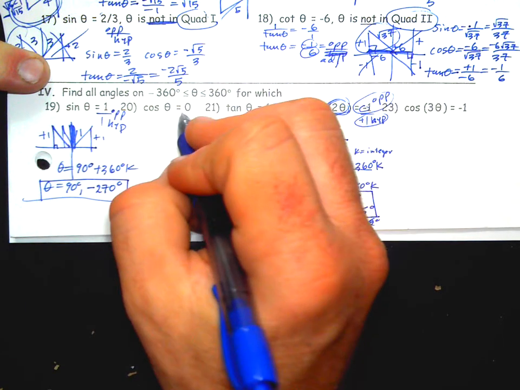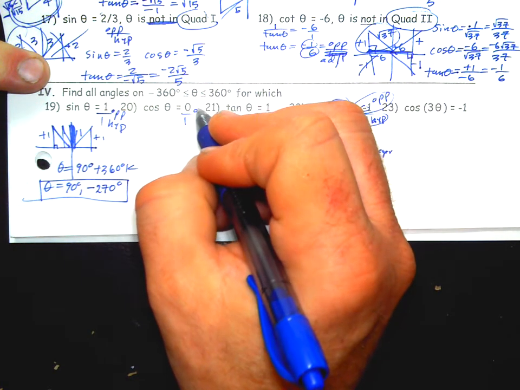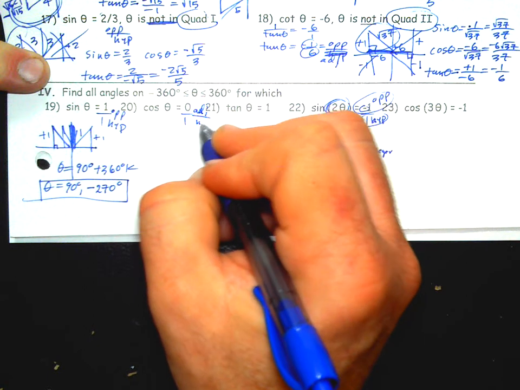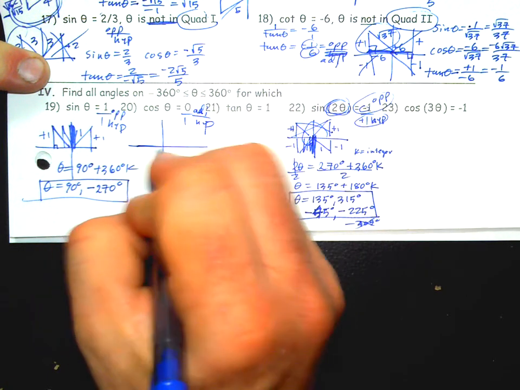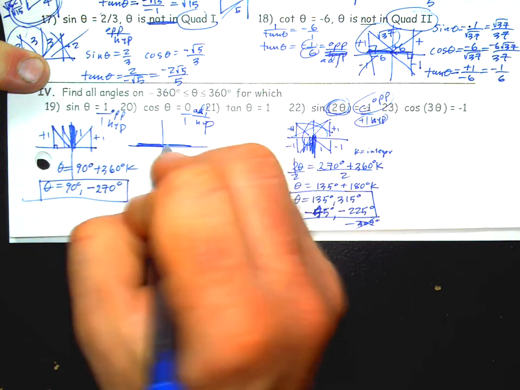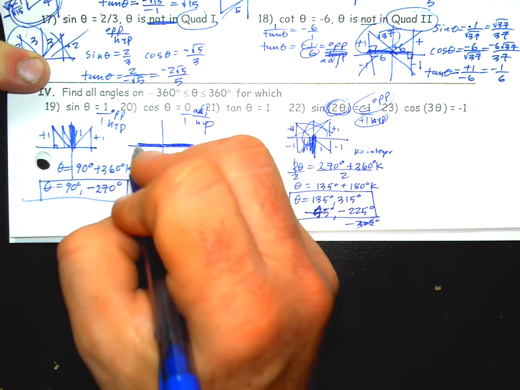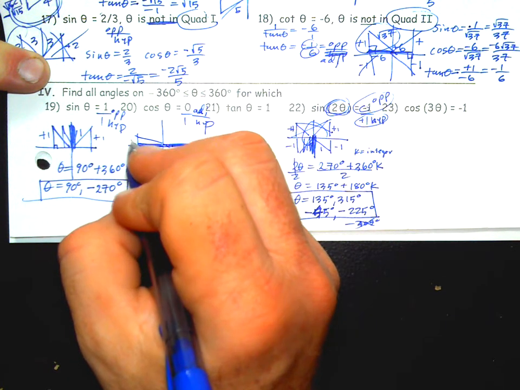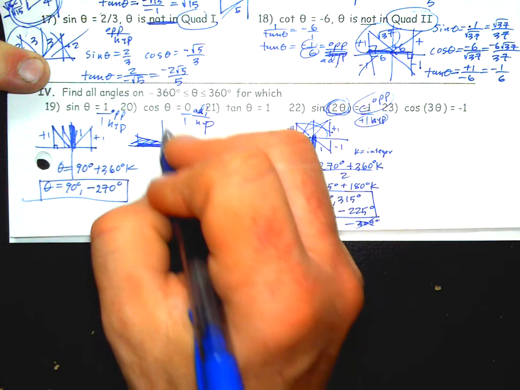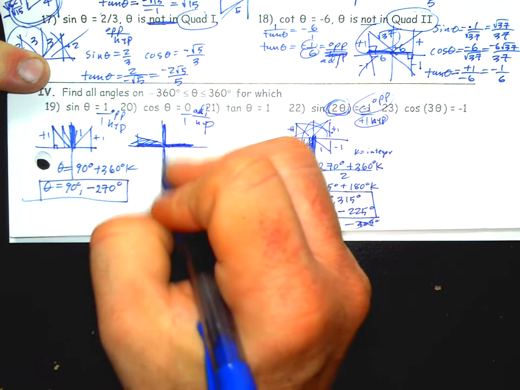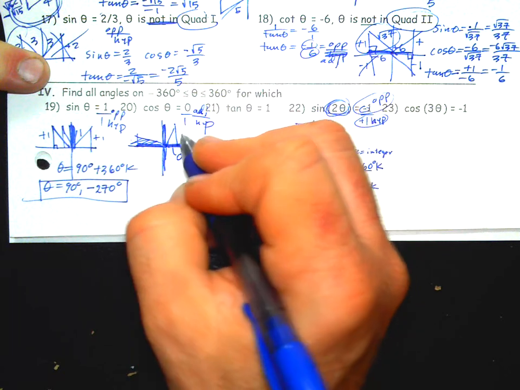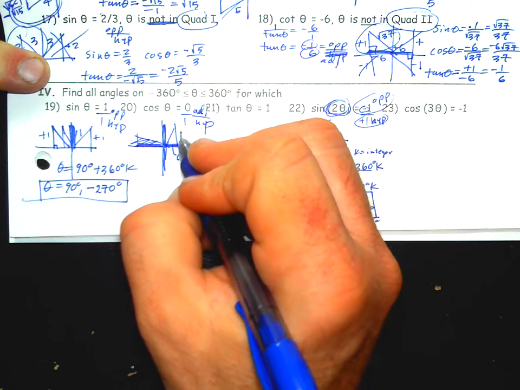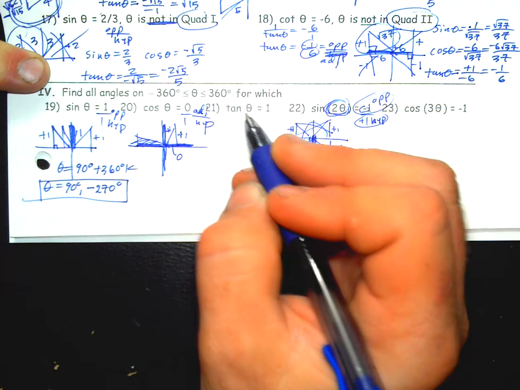Okay? Cosine is adjacent over hypotenuse. So when could the adjacent side be 0? That'd be either here or here, because in the triangle, this side goes to 0, which means that the opposite side is the same as the hypotenuse.